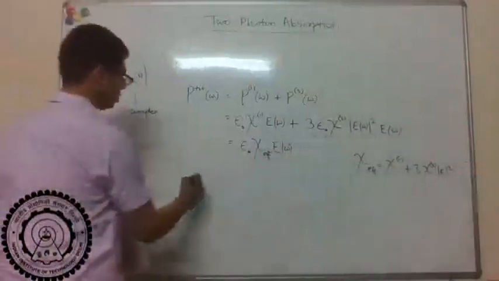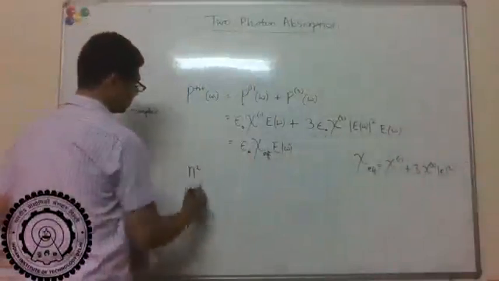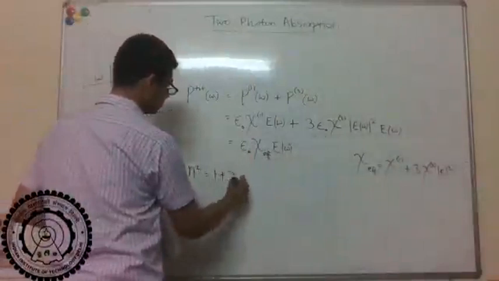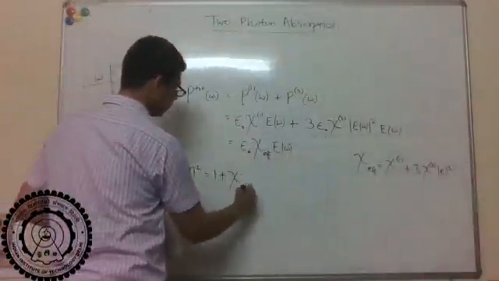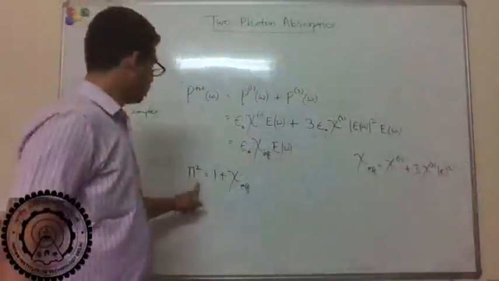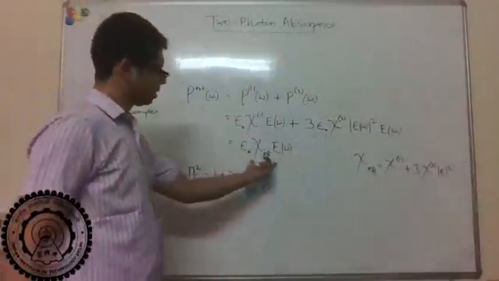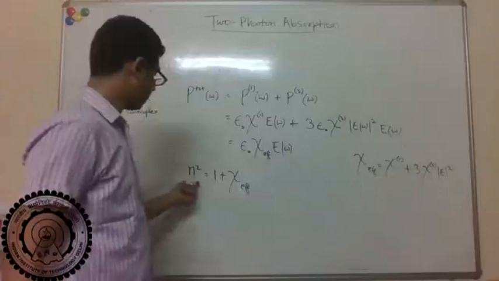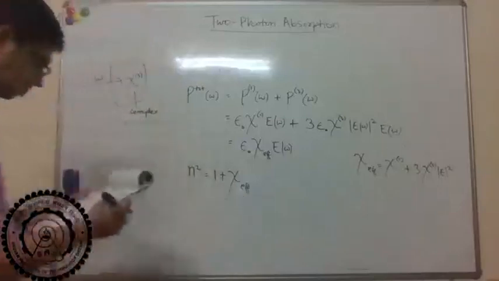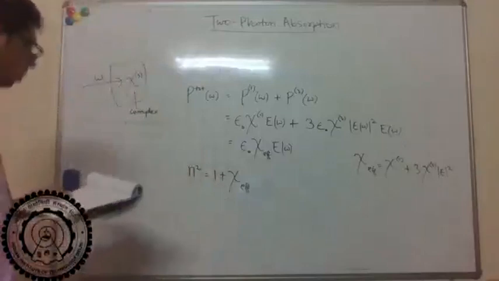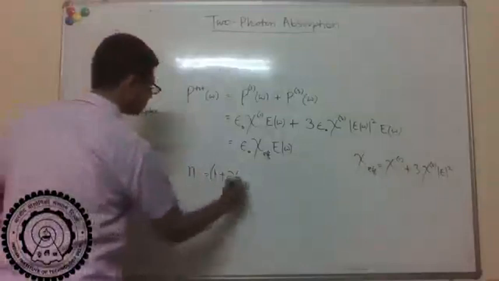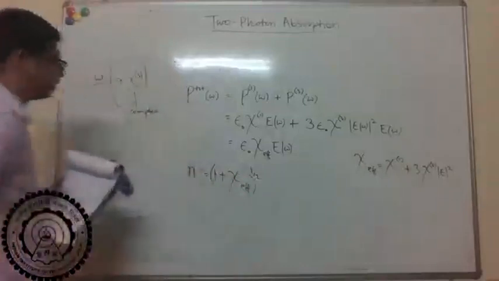And again, proceeding like last time, the square of the refractive index is 1 plus the susceptibility, right? So if I define this as some effective susceptibility, then I can define some effective refractive index as this, right? So maybe I'll write this as this to the power half, right?